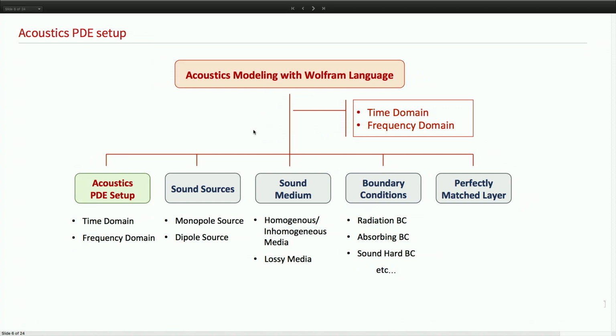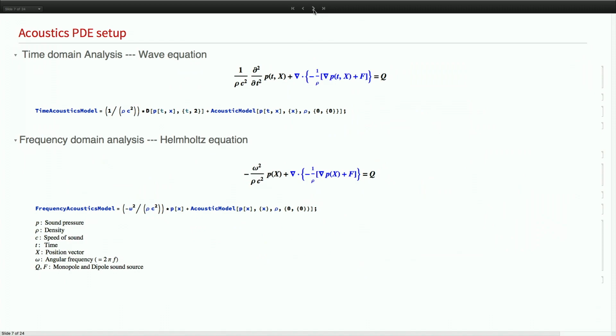Okay, now let me show you how to define the acoustics PDE in the Wolfram language. For the time domain analysis, we use the wave equation as our PDE. The primary variable is the sound pressure, p, here.